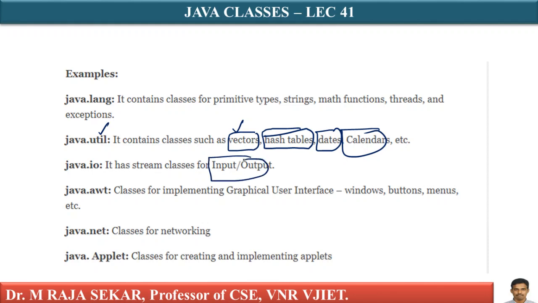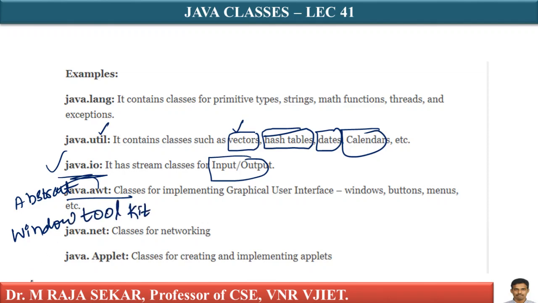All input output related classes are stored in the java.io package. java.awt: AWT means abstract window toolkit. I will discuss what this abstract window toolkit is.